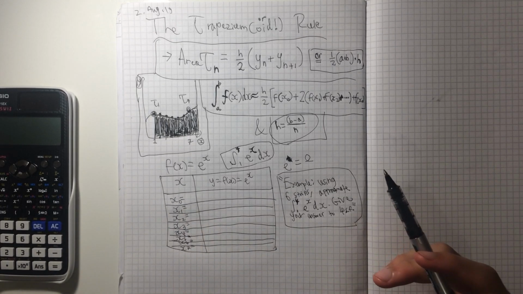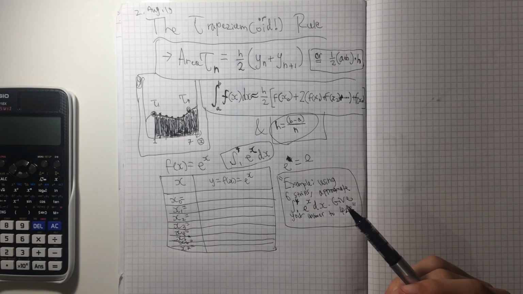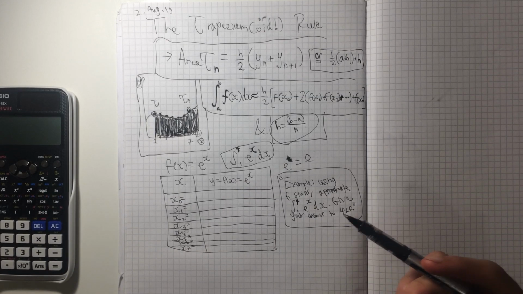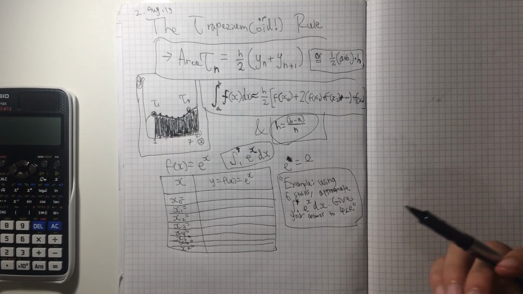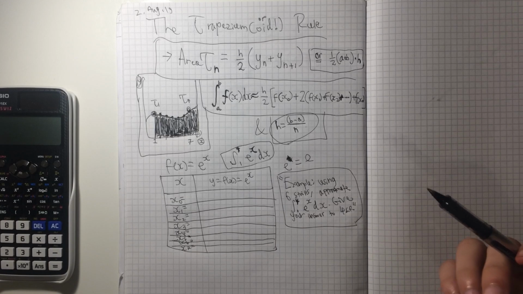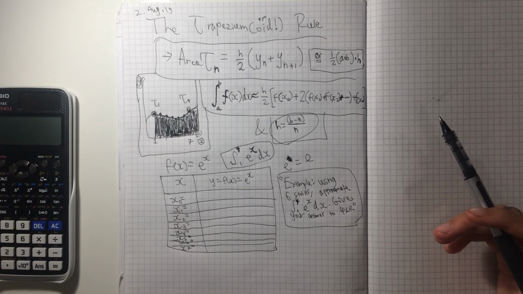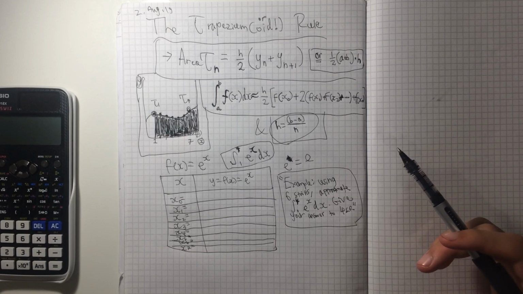Okay, so we've shown that you can use rectangles in order to approximate the area under the curve, and that is done by having infinitesimally small width rectangles, and that's a very simple way of thinking about it.